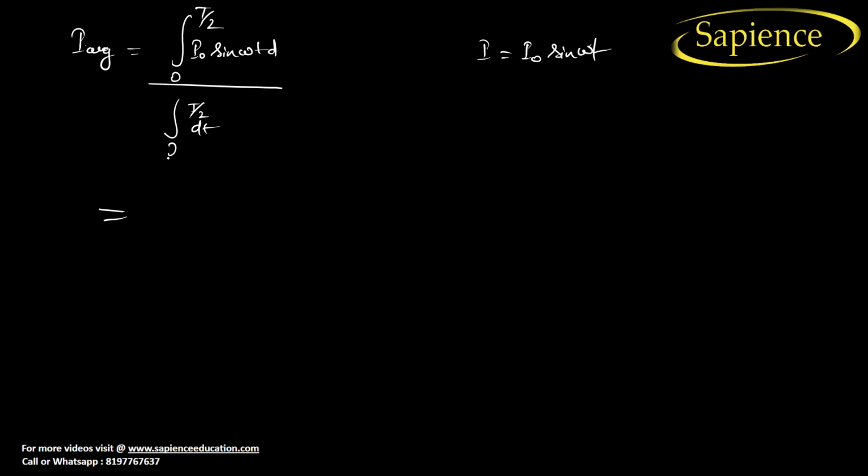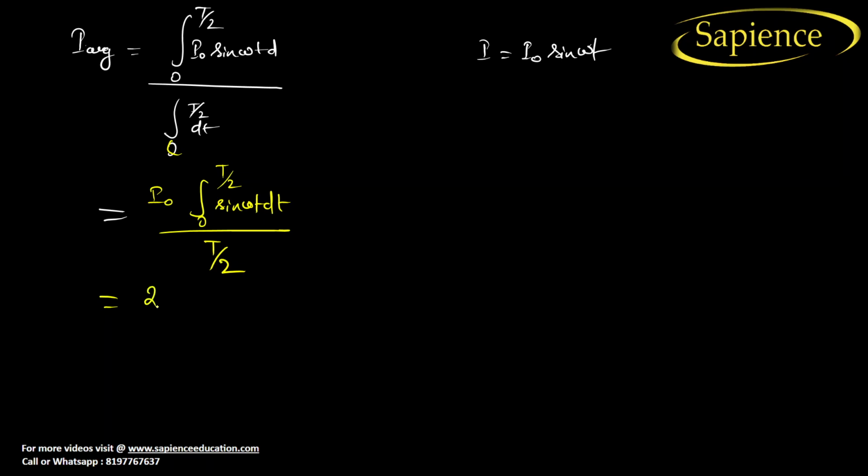So if you integrate it, what will we get? Let us change the color so that you can understand it more properly. Now this will be I naught times the integration from 0 to T by 2 of sine omega t dt, divided by T by 2, because the integration of dt with limit 0 to T by 2 becomes T by 2.